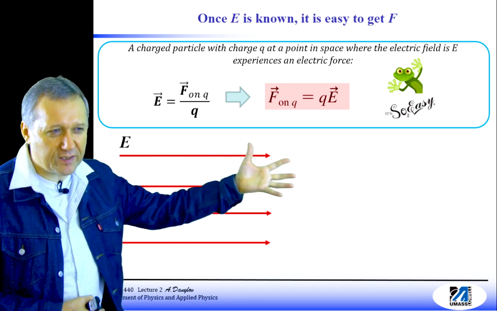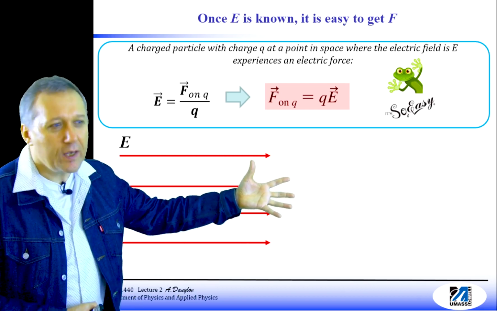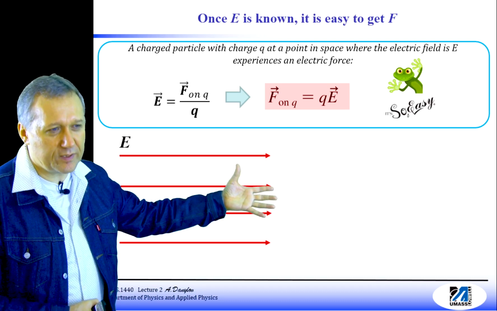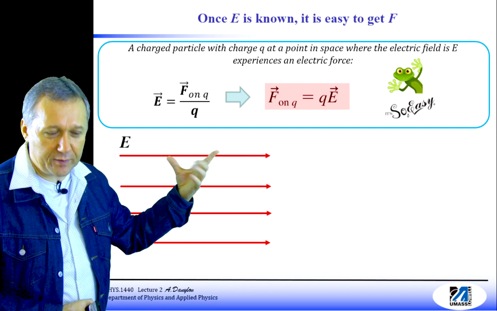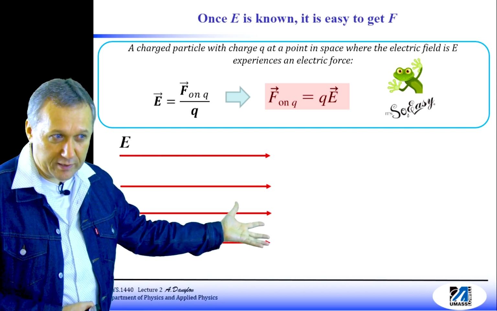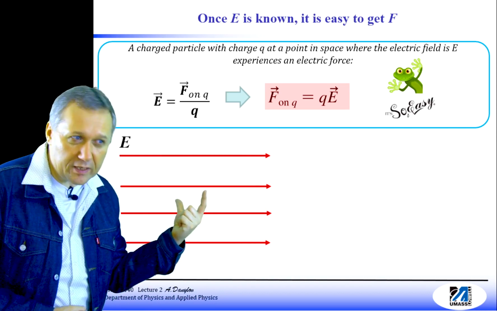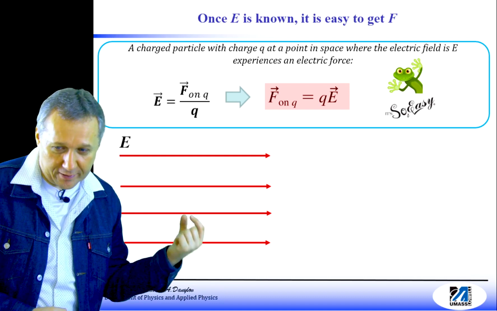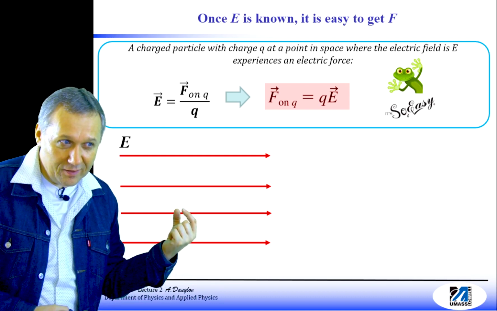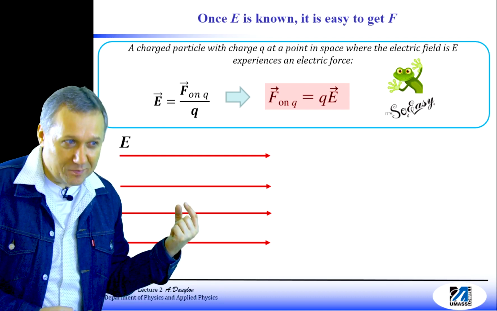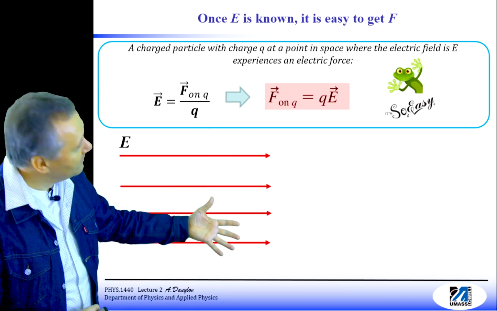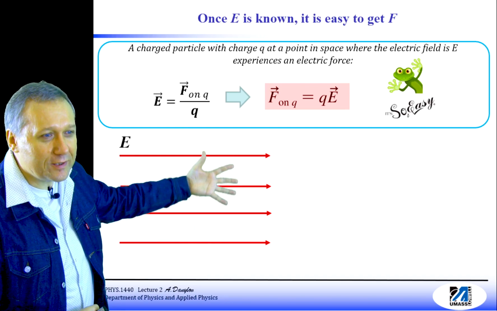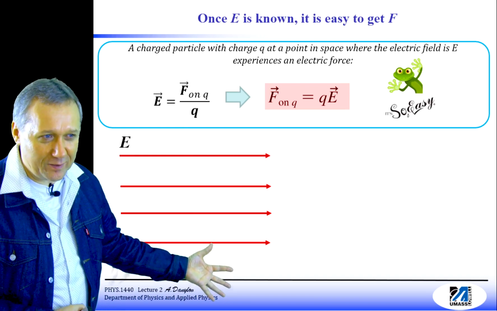You see, direction is the same. You can take any point and direction of the electric field will be the same. It's given by these electric field lines, which we just introduced a few slides ago. But what can you say about the electric field strength? It's the same. Because at least I tried to create sort of equal density of these electric field lines.